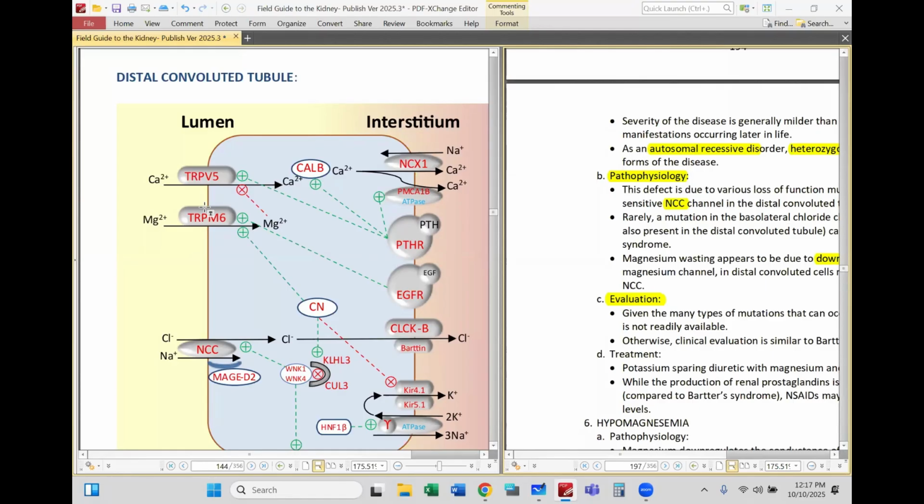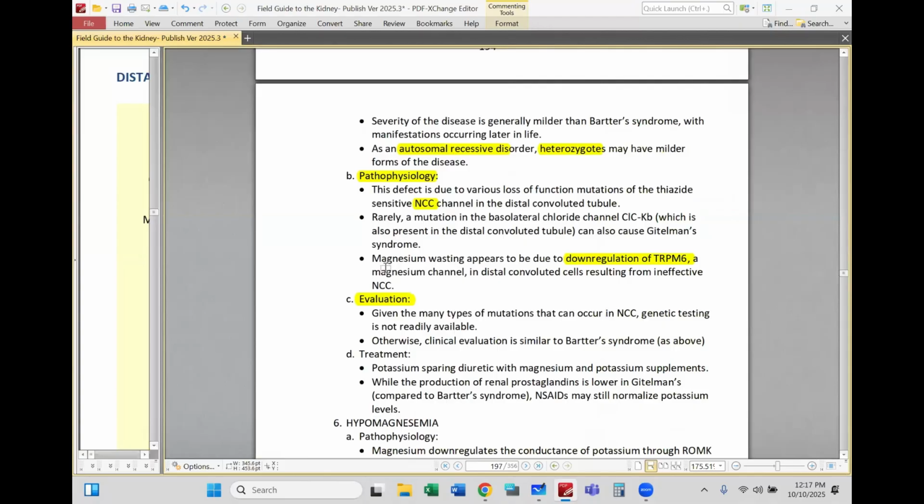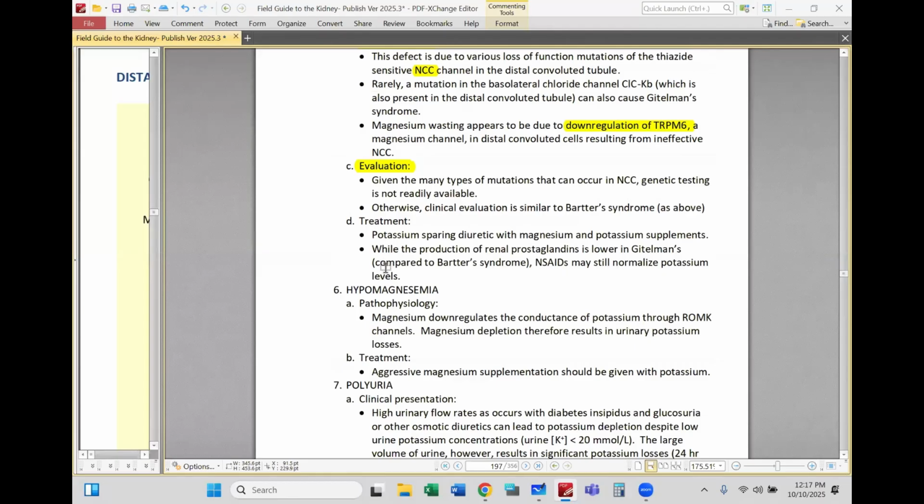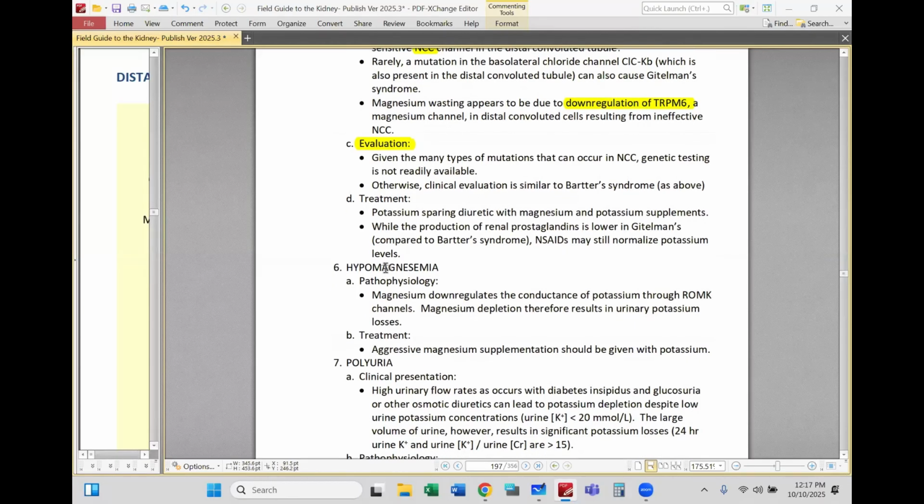They are not well described. There is a JCI paper that shows some autocrine signaling that is happening in the distal convoluted tubule, but it's not a very elegant story, I would say, not a simple, elegant explanation. Just realize that there is reduced magnesium transport in the distal convoluted tubule when you treat with thiazide diuretics or when you have an NCC mutation like in Gitelman syndrome.